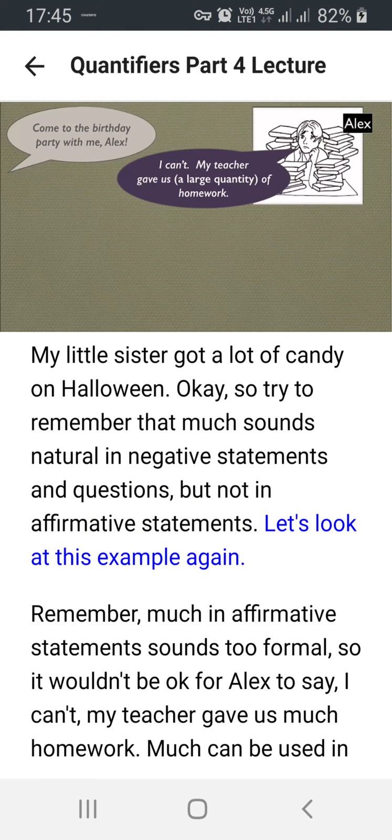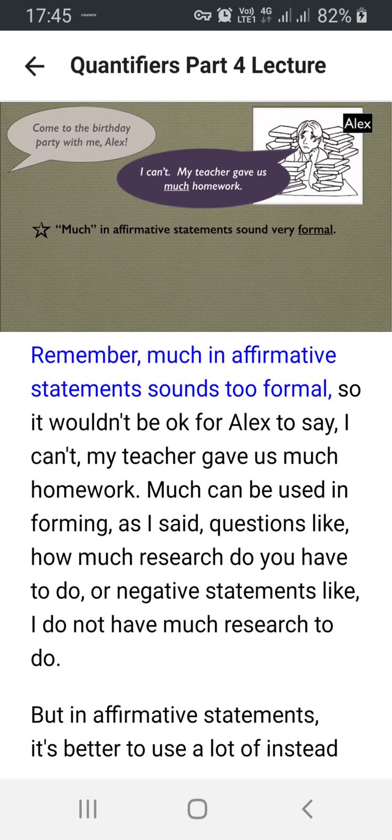Let's look at this example again. Remember, much in affirmative statements sounds too formal, so it wouldn't be okay for Alex to say, I can't, my teacher gave us much homework.